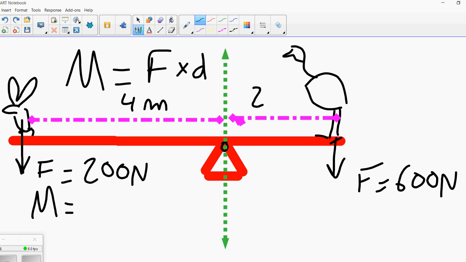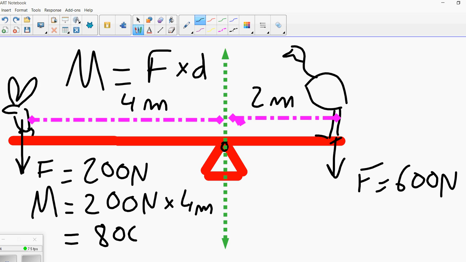Then the moment on the left is the force, which we already found, times the distance between the force, so the rabbit, all the way to the fulcrum, or the point where it's turning. So that's going to be 200 newtons times 4 meters, which will be 4 times 2, 800 Newton meters.